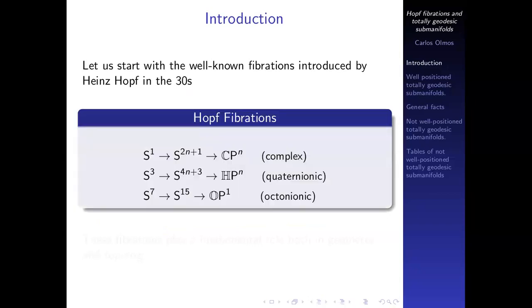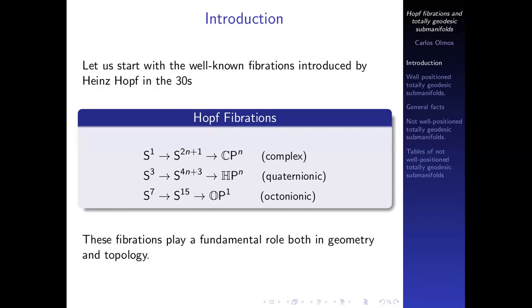The first one is with fiber S1, the second one is with fiber S3, and the third one is with fiber S7. Of course, these are the spheres. We refer to the first one as the complex Hopf-Berger, then the quaternionic Hopf-Berger, and the octonionic Hopf-Berger.